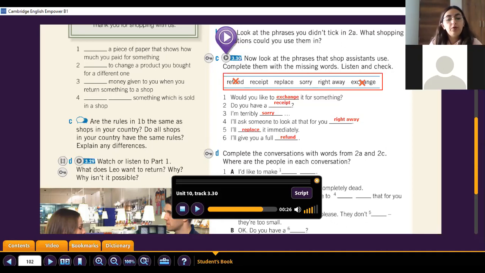And probably the sales assistant can say, I replace it immediately. Cuando los vendedores se dan cuenta que sí es un fallo del equipo, obviamente nos dicen, I replace it immediately. ¿Sí? Le repongo o le traigo uno nuevo inmediatamente.